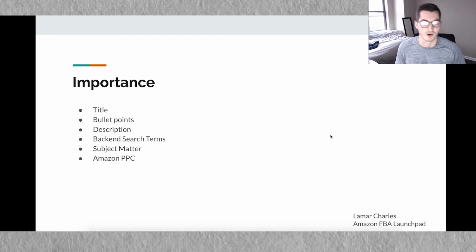Now, this isn't a tutorial on breaking down each one of these elements and helping you build the title or the bullet points or the description. In this video, I'm purely talking about how we go about building the keyword bank that's going to be the foundational piece that then will allow us to create all these other things, and just here again, sets us up for immediate success on Amazon.